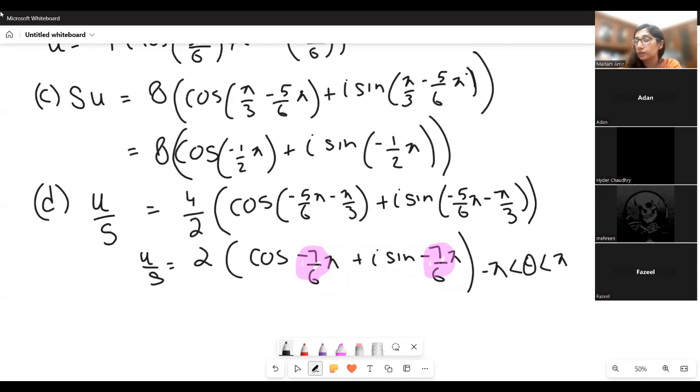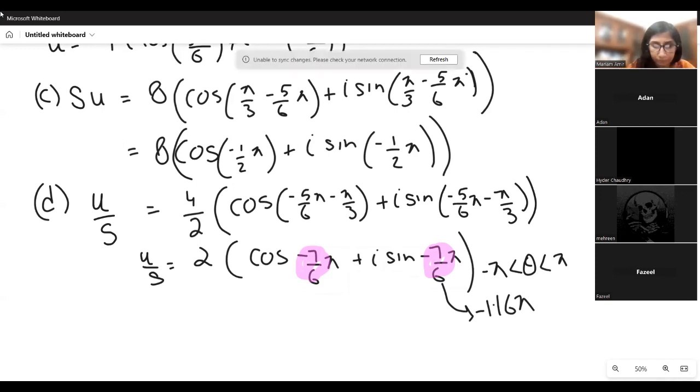It's minus 1.165. So no, it's not within the given domain. This is smaller than minus pi, so that's going to be a problem which we need to fix. Okay, now how do we fix this?